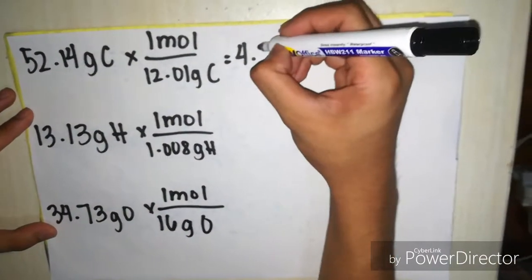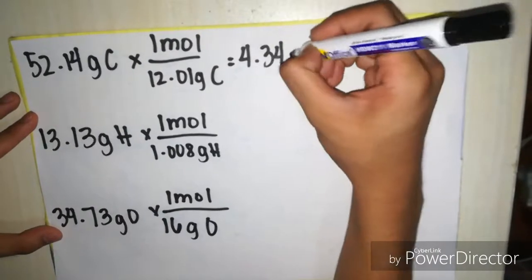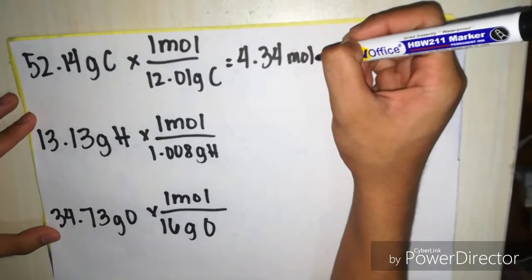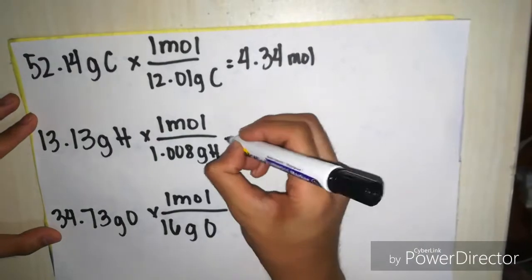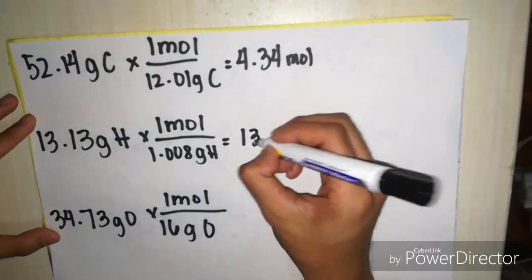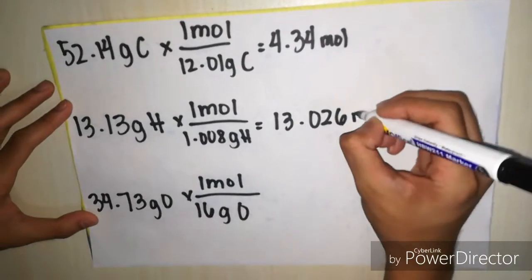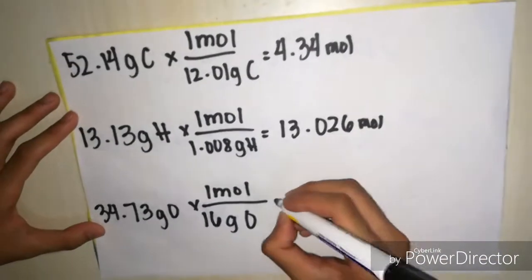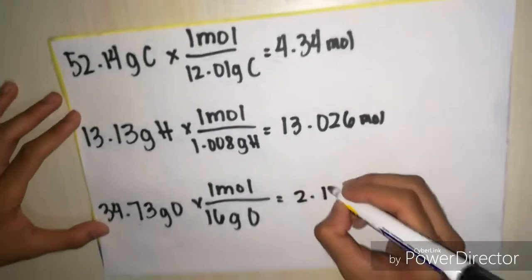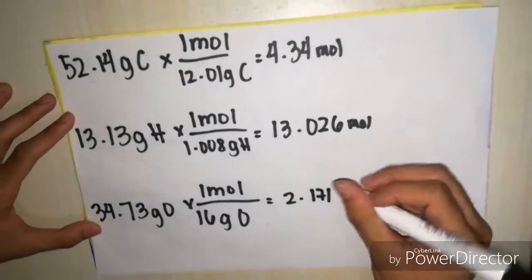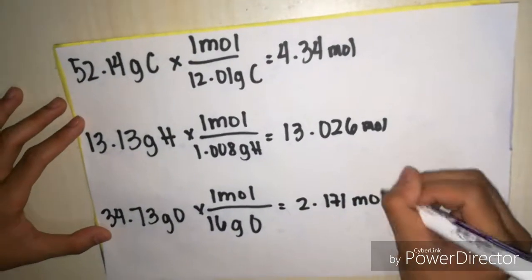For carbon, you will have 4.34 moles. For hydrogen, you will have 13.02 moles. For oxygen, you will have 2.171 moles.